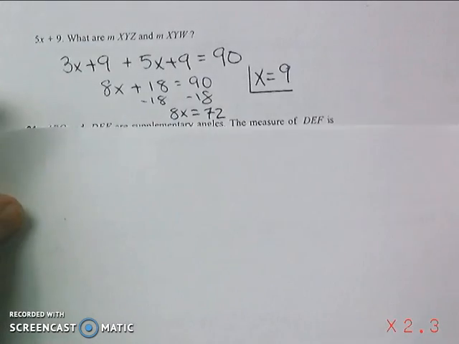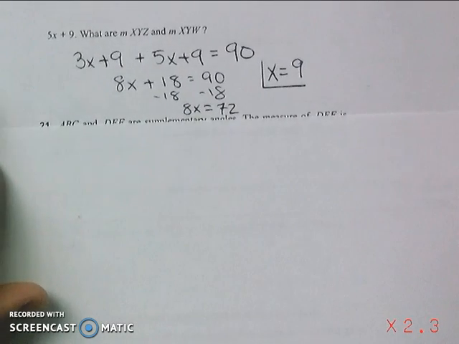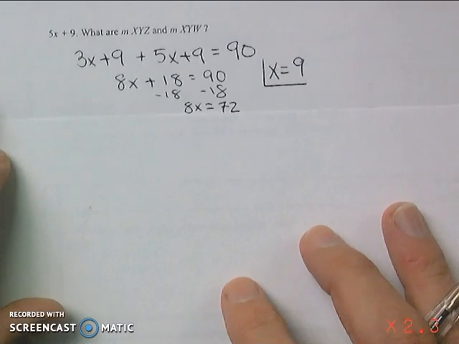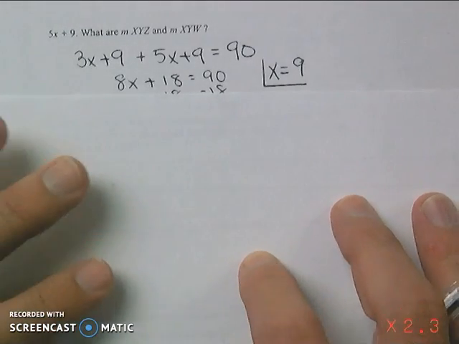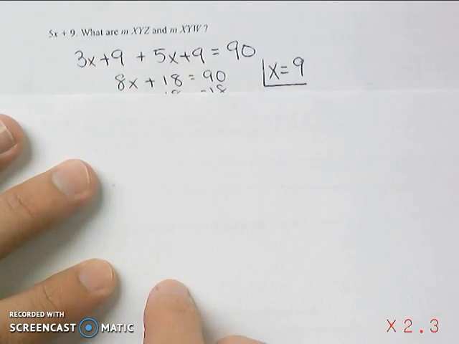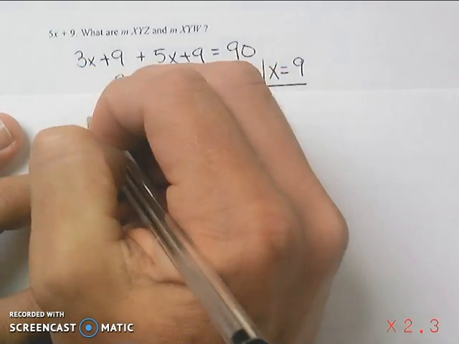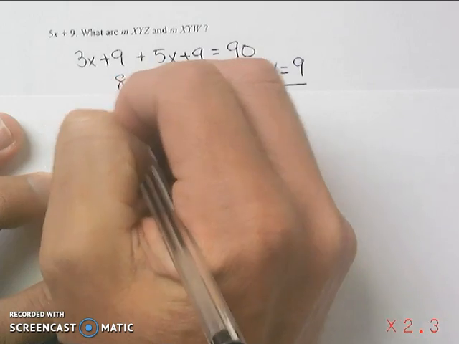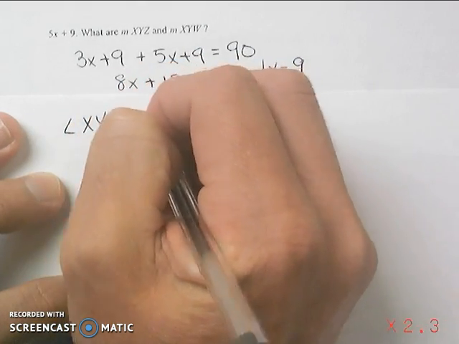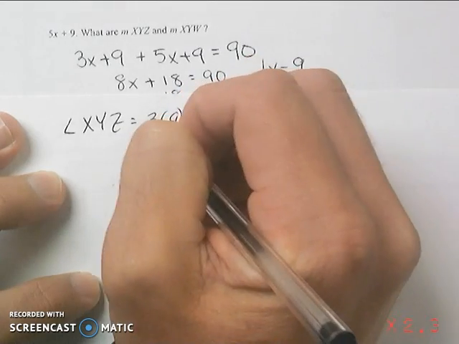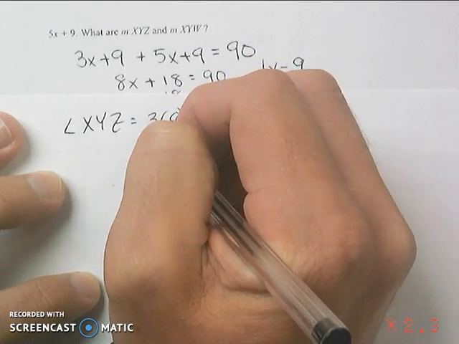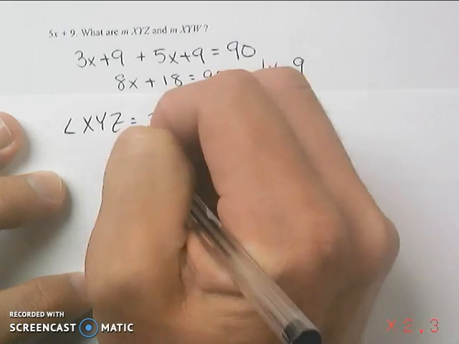I'm going to use some more paper here so we don't run over stuff. What we can do is take that x equals 9 and plug it back into the two angles. So here are my two angles right here and here. Angle XYZ is equal to 3 times 9 plus 9. That's 27 plus 9, which gives me 36 degrees.